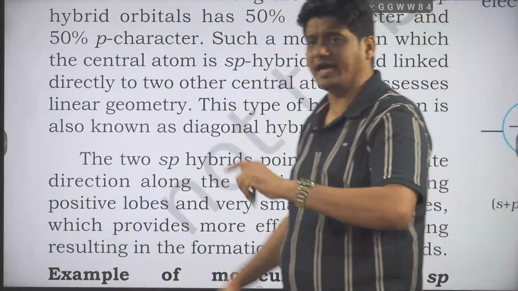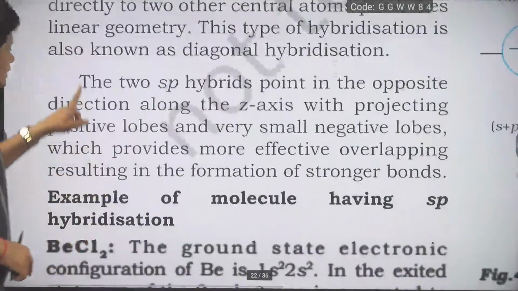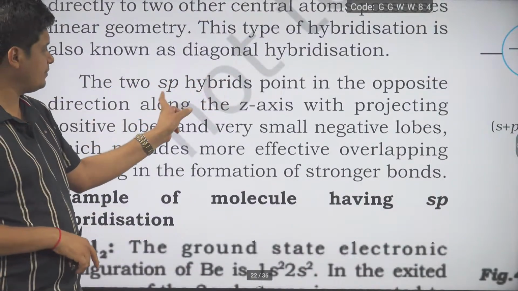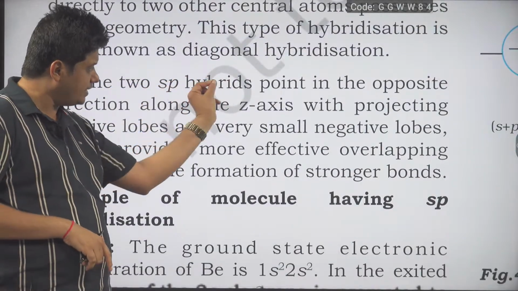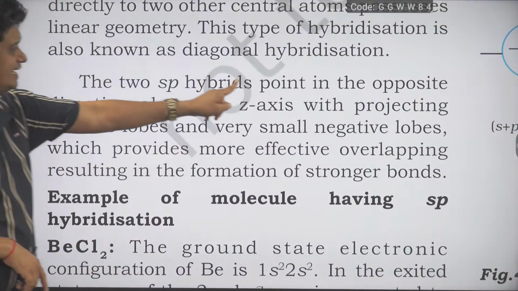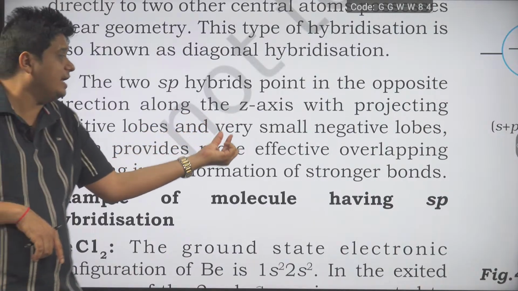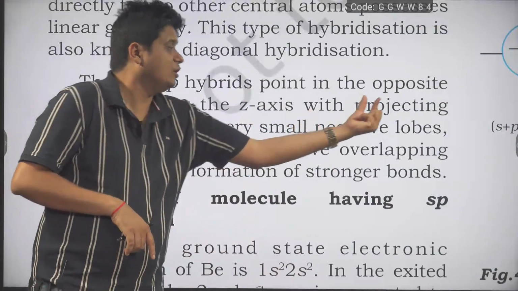Then I spoke about the diagram and everything, the plus and minus signs. This is also given in NCERT. Read this: the two sp hybrids point in the opposite direction along the z-axis with projecting positive lobes and very small negative lobes.